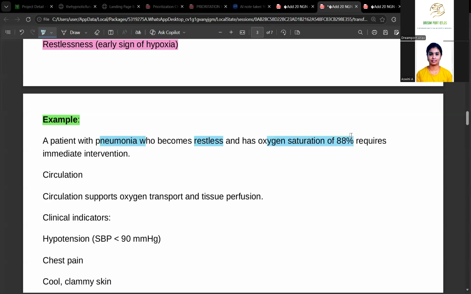What is the normal oxygen saturation level? It is not COPD, I am asking about this pneumonia. Actually, normal is 95 to 100 percent.